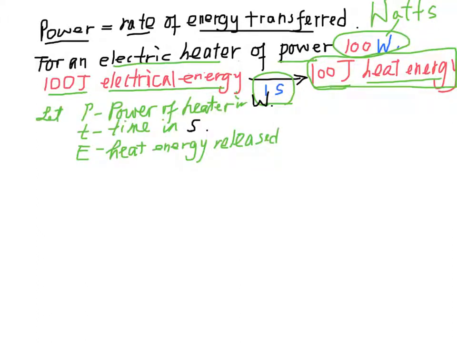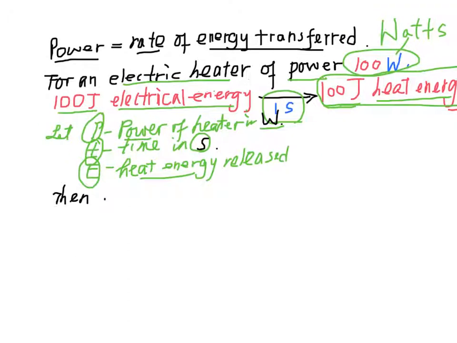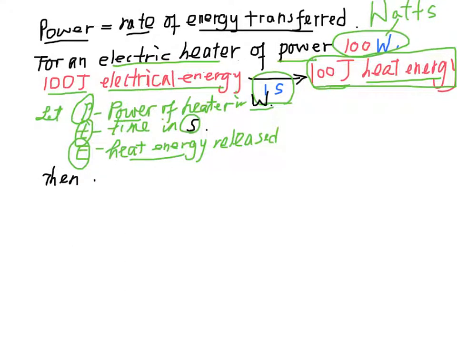If we let P be the power of the heater in units of watt, T be the time of switching on the heater in a unit of second, and E be the heat energy released by the heater, the relation between E, P, and T would be E equal to P times T. This equation is also important.